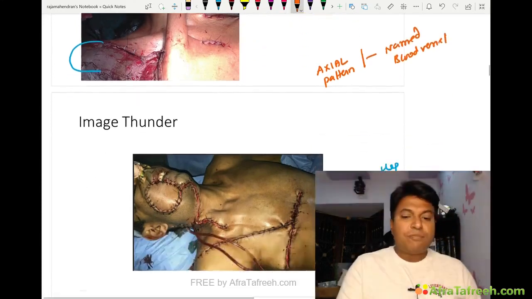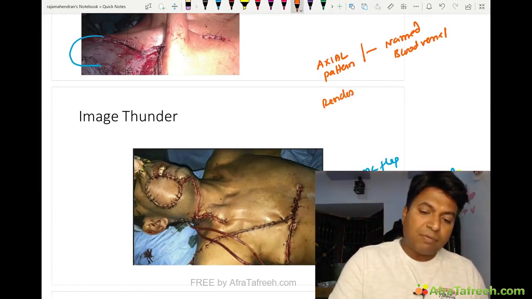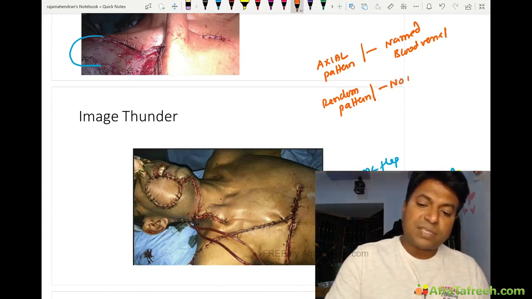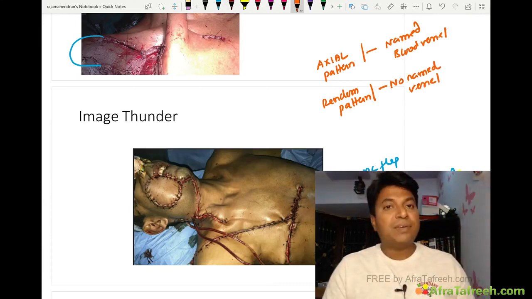What is the name of the flap which will have no named blood vessel? It is known as random pattern flap. These are all plastic surgery questions. Okay. So please remember, axial pattern flap will have a named blood vessel. Random pattern flap will have no named blood vessel.